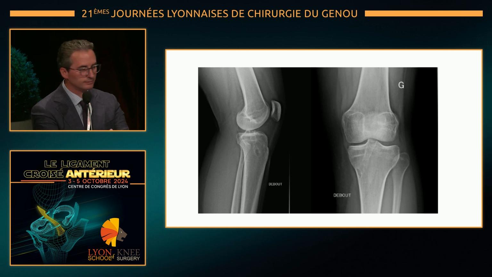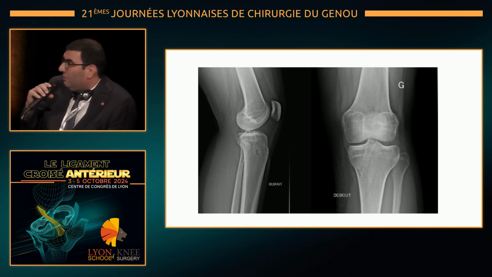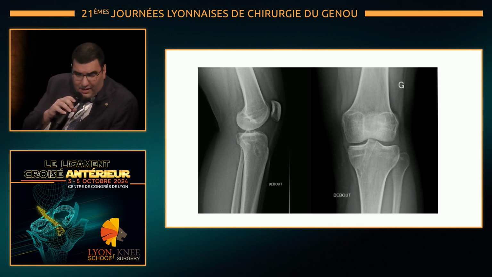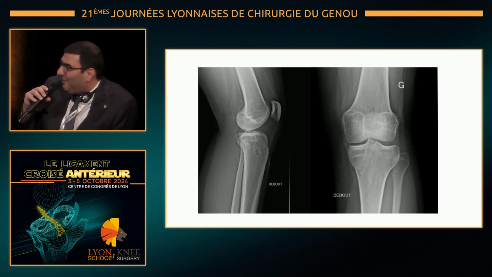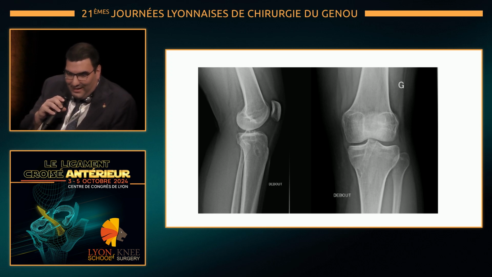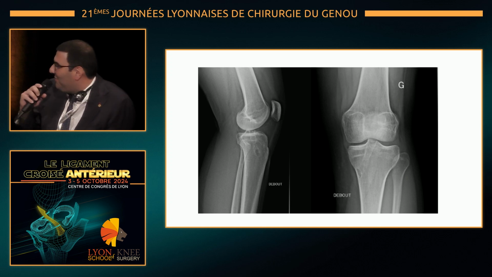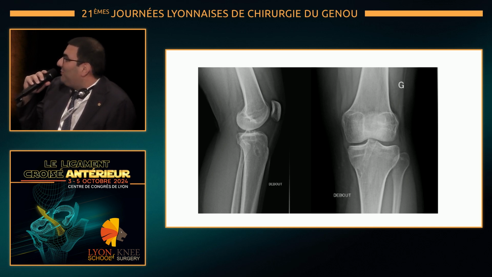I think the tibial tunnel is a little more posterior than I would do. And I think the femoral tunnel is a little anterior. I'm not sure if I'm looking properly, but I think there are these two possible issues with the reconstruction.